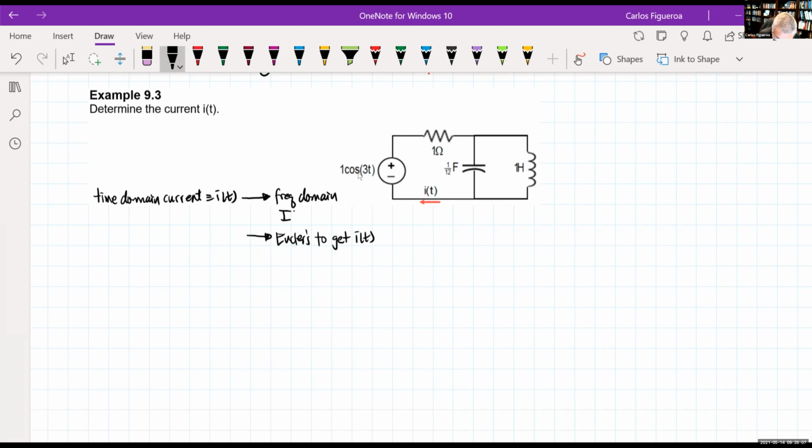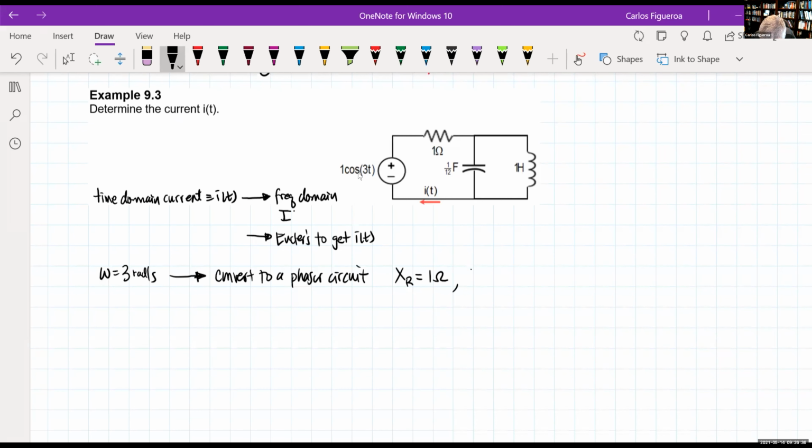So right away, we can see that omega is 3 rads per second. Now this tells us we need to convert to a phasor circuit. So here we go. We know that X of R is just going to be 1 ohm.